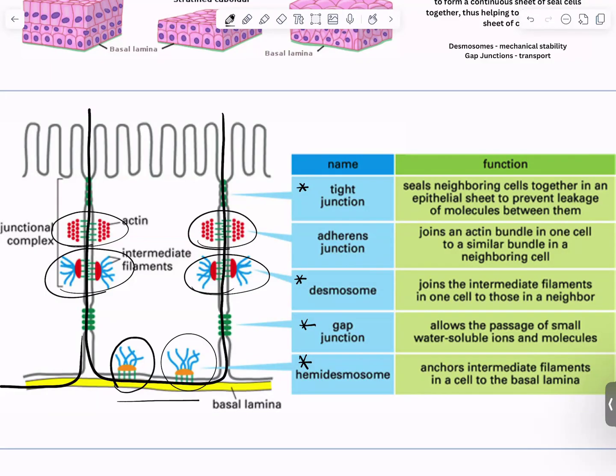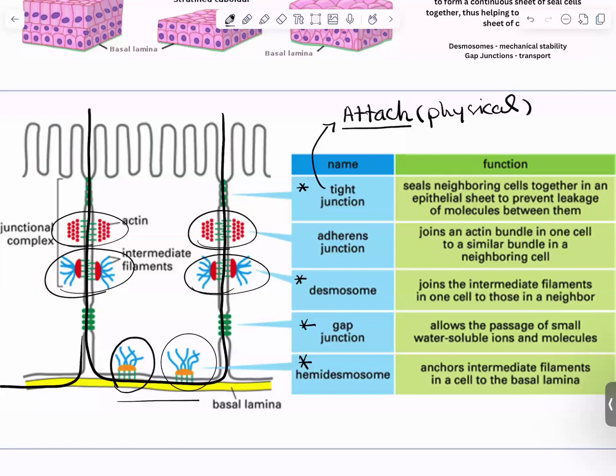These four types of junctions are more important to me. If they ask you what is the function of the tight junction? Tight junction is responsible for attaching the cells together. So it attaches the cells together and forms a layer of cells. So it's about physical attachment of the cells.